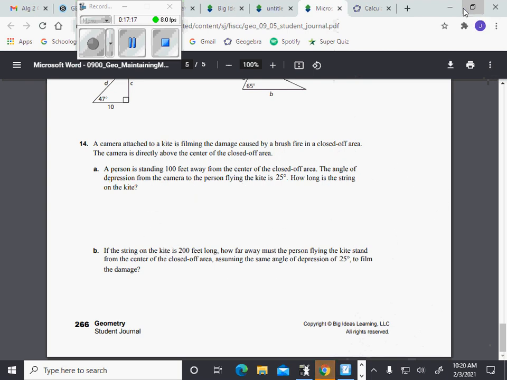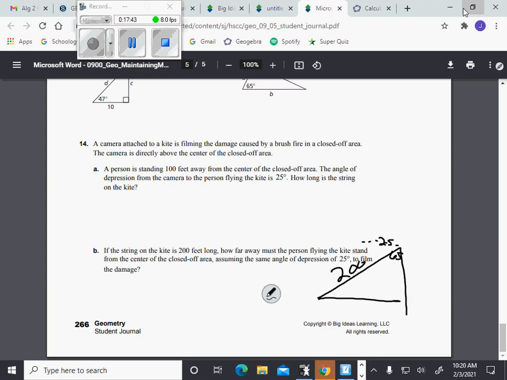Down below, part B. If the string on the kite is 200 feet long, so the string is 200, how far away must the person flying the kite stand from the center of the closed-off area, assuming the angle of depression is 25 degrees? So if this is 25, remember, that's 25. This has to be 65.